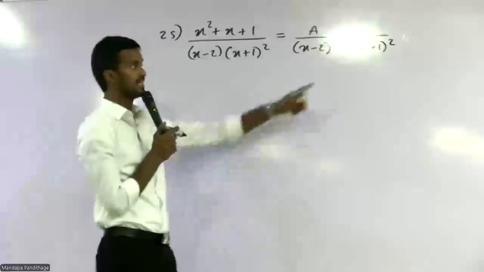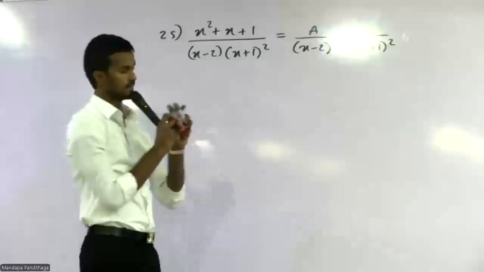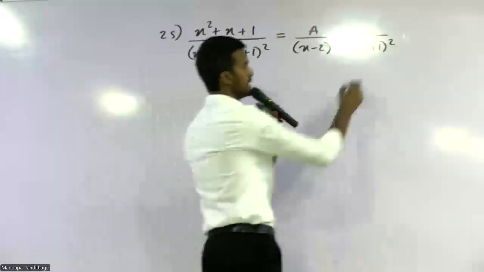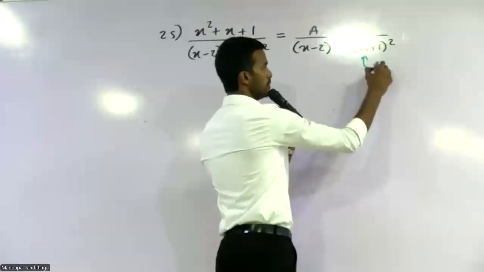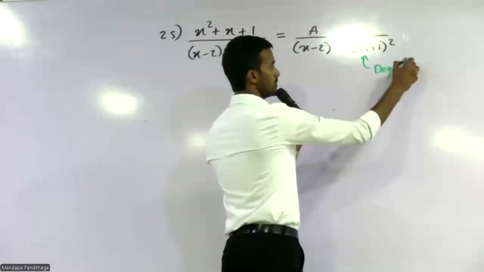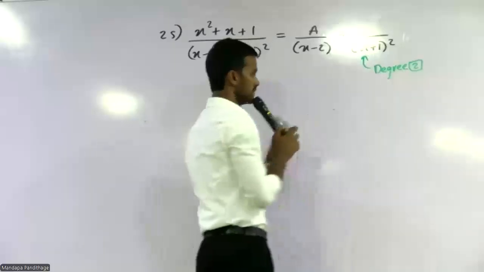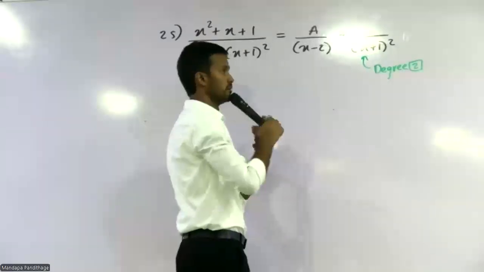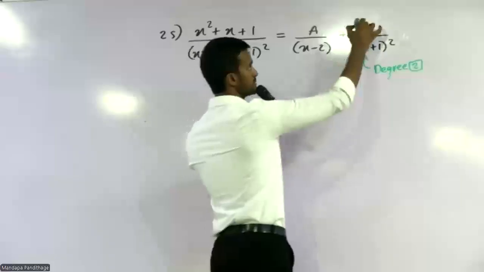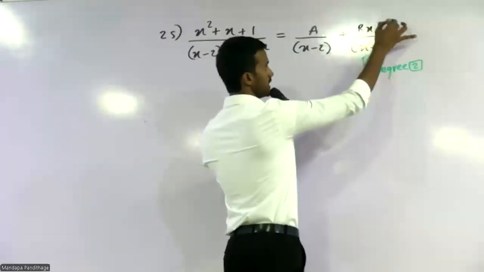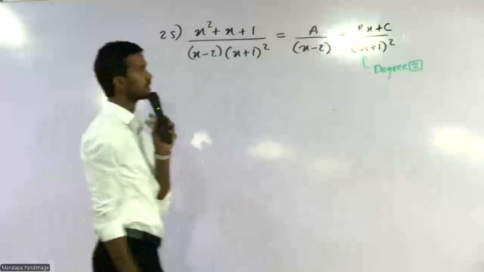Since the degree here is 2, because we have a square here, the numerator, they consider the numerator to be bx plus c. So this is one way that I have seen students write this.